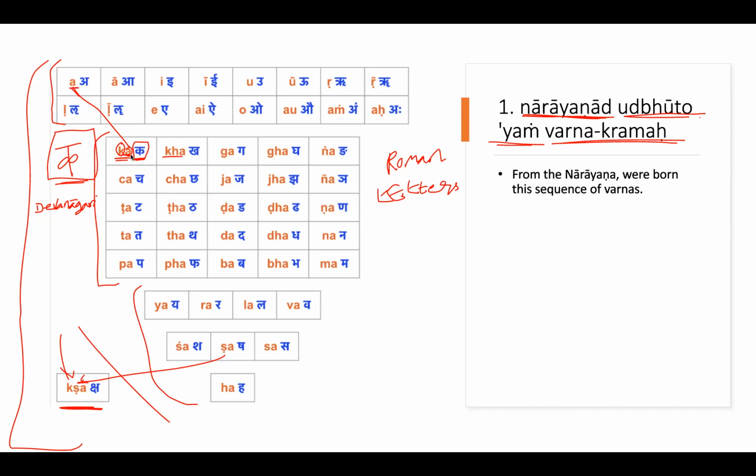Because without this vowel, you cannot pronounce this letter K. In English you have another sound to pronounce that K. In Sanskrit you cannot say like that. It's very difficult to pronounce. So you always pronounce a consonant together with a vowel. Ka. You can pronounce Ki also. You take this I, you bring it, it becomes Ki.